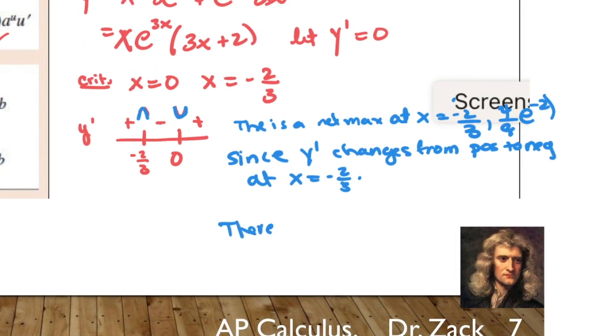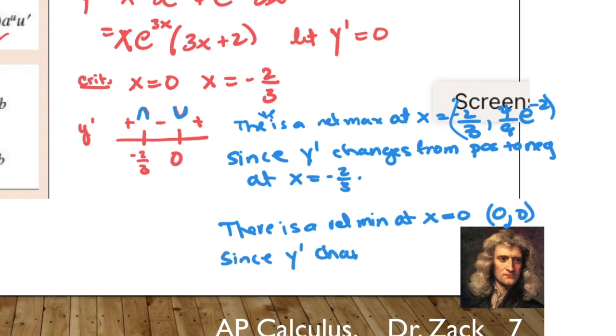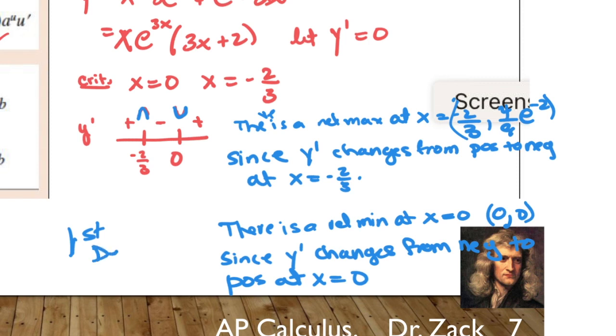There is a relative min at x equals 0, and we know this is (0, 0), since y prime changes from negative to positive at x equals 0. And this, of course, was your first derivative test.